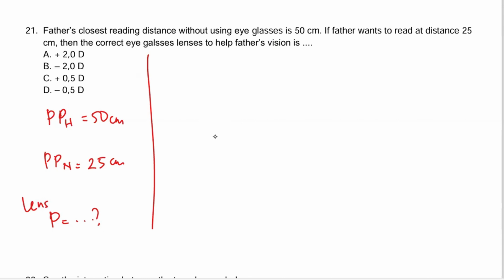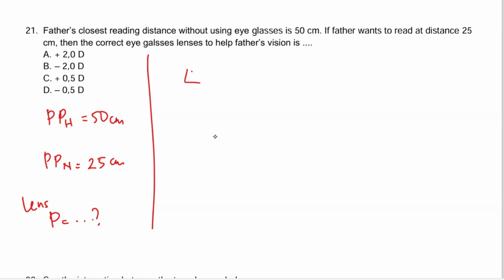All right. So we can count it. Actually, when this condition happens, we expect that the father will put the newspaper or the reading materials at a normal distance. So it's 25 cm. And because his eyes can see at 50 centimeter, the glasses will have to make the image at 50 centimeter.